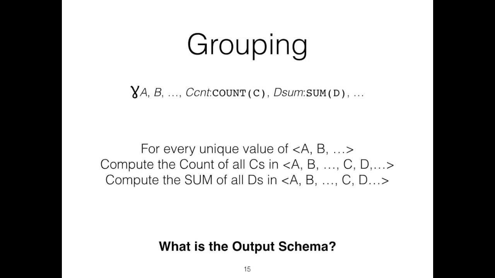Loosely put, you have one set of attributes that represent your group by attributes, and one set that represent your aggregate computations. For every unique value of your grouping attributes, you compute an aggregate for all tuples that fall into that group.